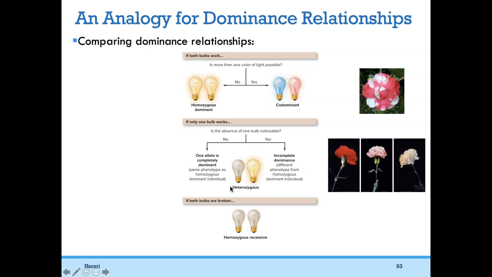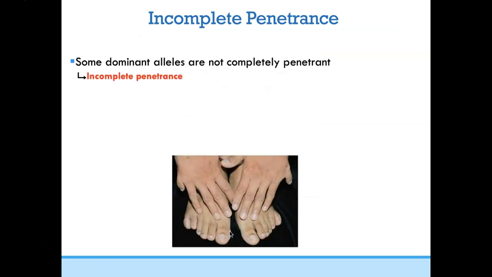But if only one bulb works and there is a different phenotype from the homozygous dominant individual, we would call that incomplete dominance, right? It's a blending in between the homozygous dominant and the homozygous recessive genotype, which would be just two broken light bulbs. And so hopefully this helps clarify some of the different dominance relationships we discussed so far.